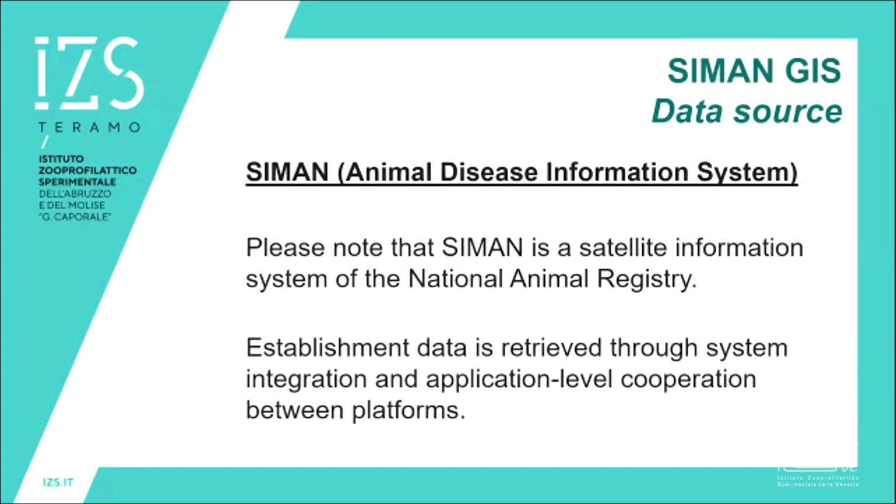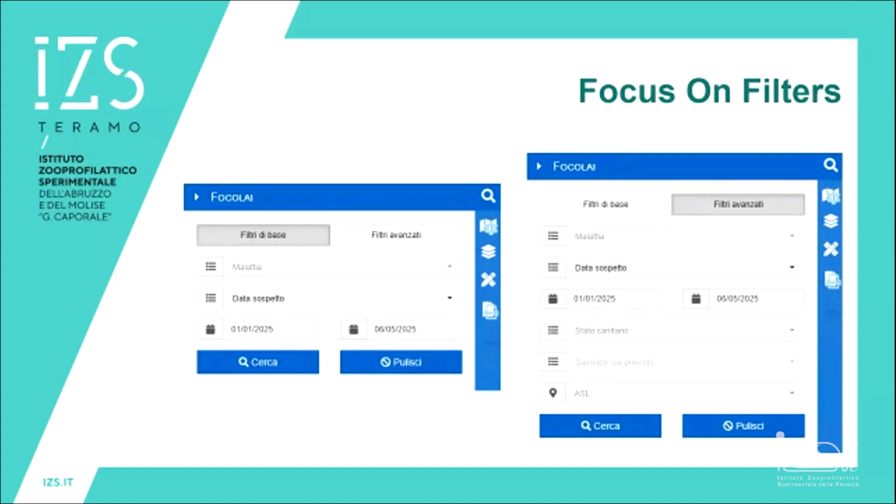So all the information related to farms in particular is from this system because they work in cooperation. So I'm going to show you these tools by the filters available.